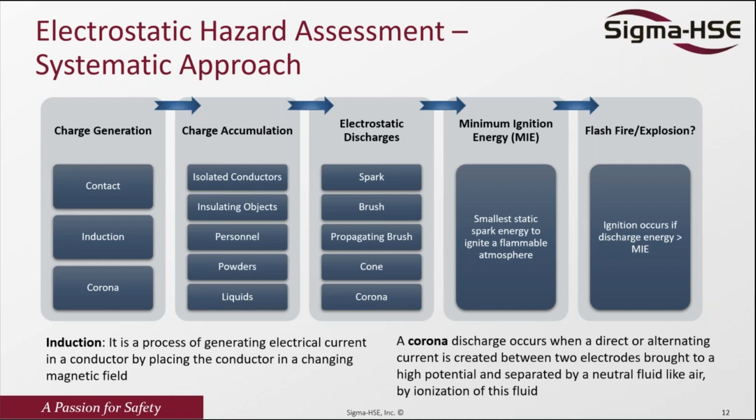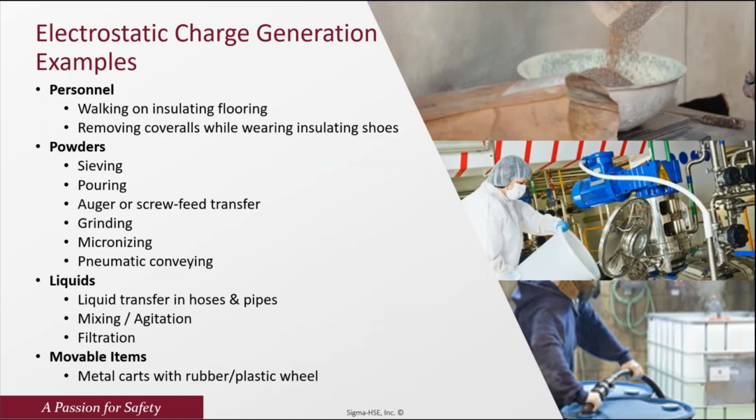Ignition or fire occurs when the discharge energy is greater than the minimum ignition energy, and for every material you handle, you need to know it. Our lab is capable of determining the minimum ignition energy for almost every material being handled on Earth. So practically, how does electrostatic charge generate?